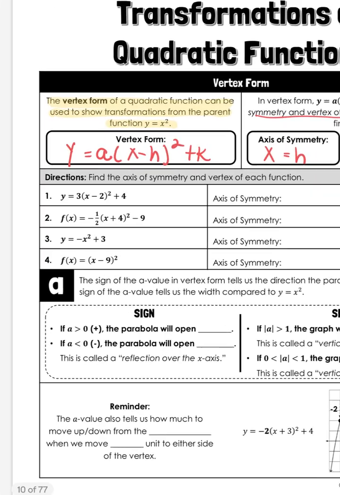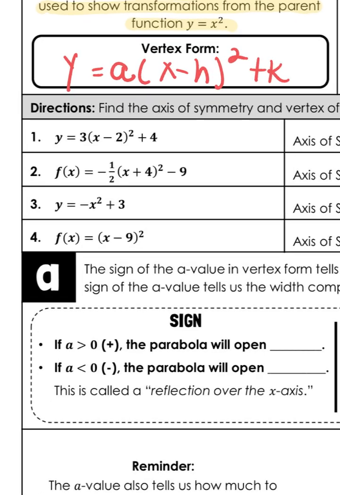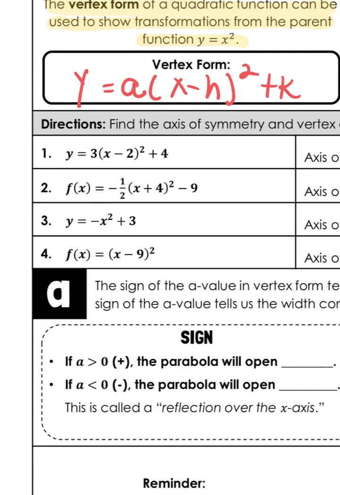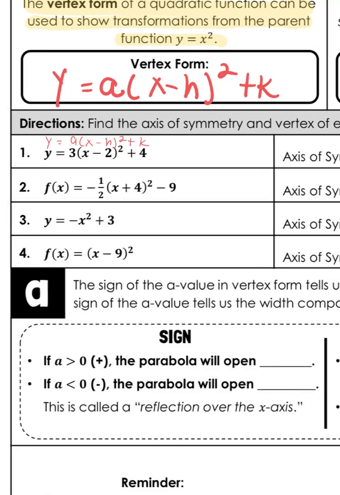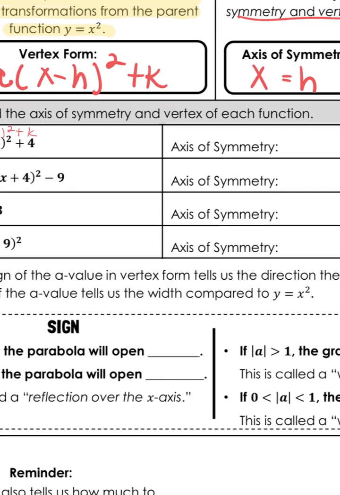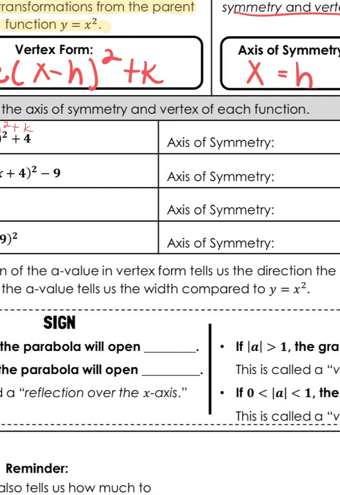And so now what you're going to do is what we always do and write the formula above so that you can pick out the parts of the equation that you need. So we said that the axis of symmetry is equal to the h in the equation.